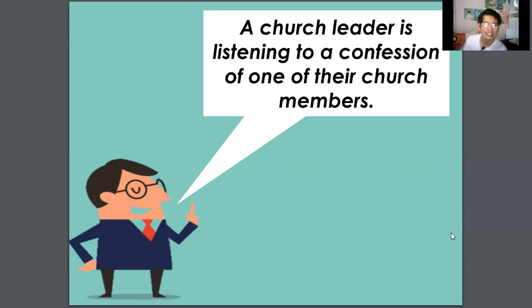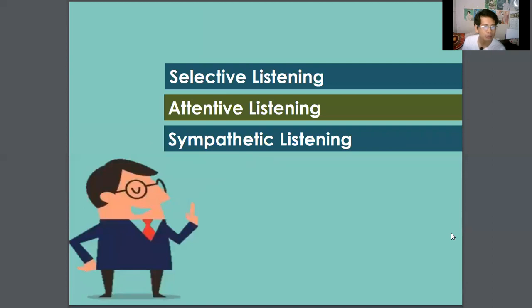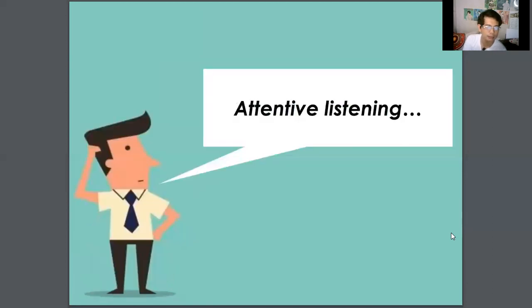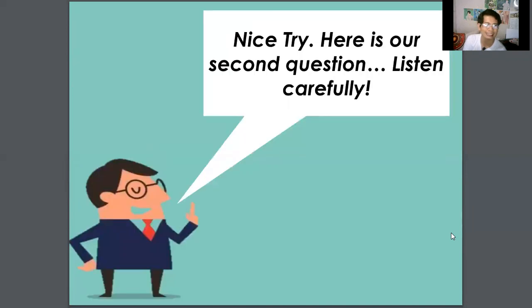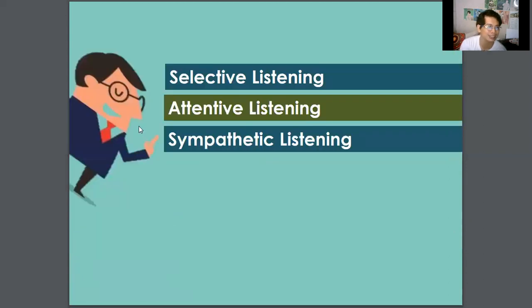So, is it selective, attentive, or sympathetic? Attentive listening. So it is not attentive listening, it is sympathetic listening. Okay, so as you can see from the icon, it's pointing sympathetic listening.